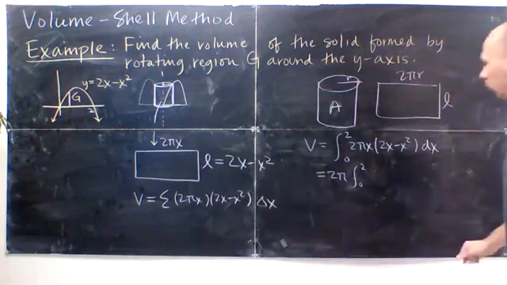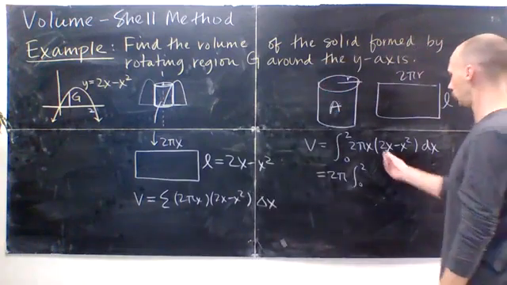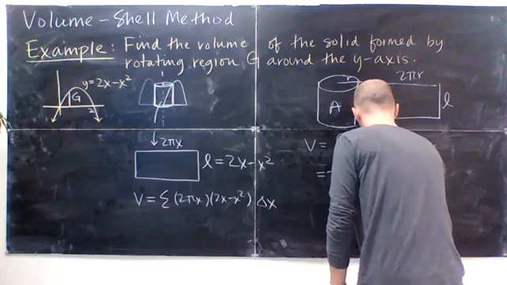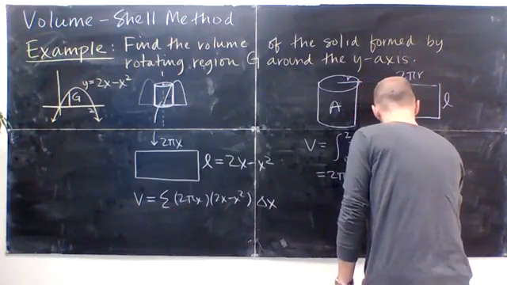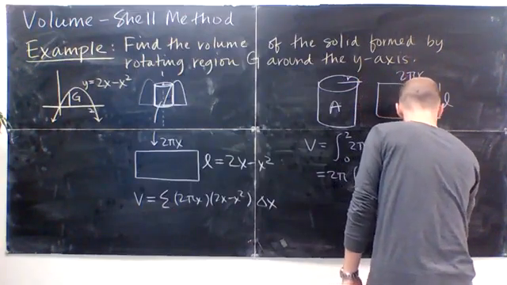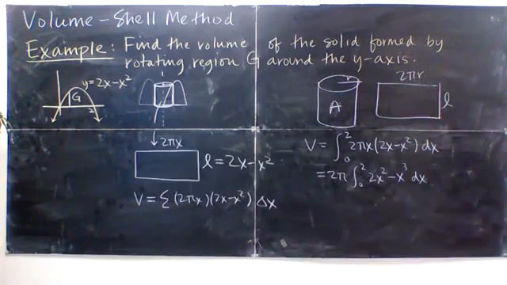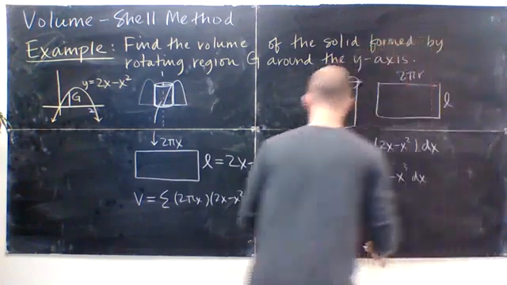And then I will distribute in the x, so that's 2x squared minus x to the third. And then this is something that we're going to be able to do without too much difficulty, right? We'll be able to say, okay, 2/3 x to the third.